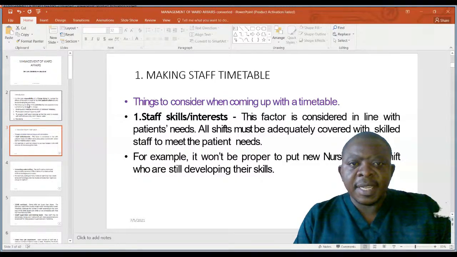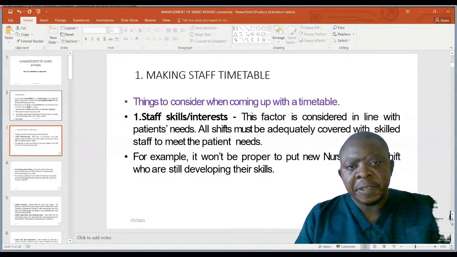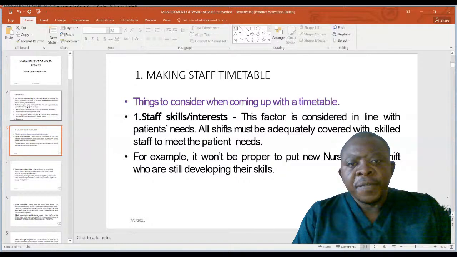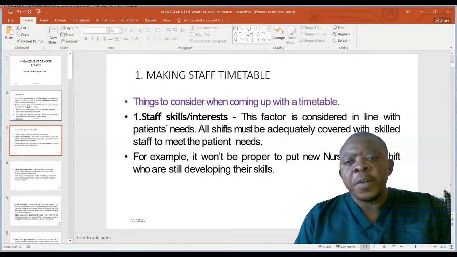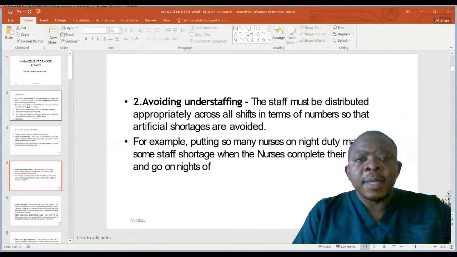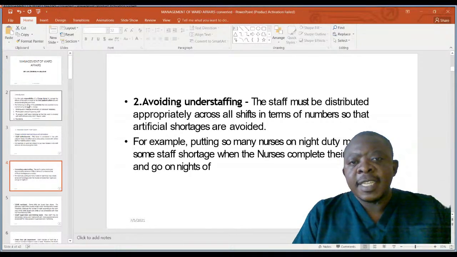All shifts must be adequately covered with skilled staff to meet the patient's needs. For example, it won't be proper to put new nurses in one shift who are still developing their skills. Number two factor to consider when coming up with a timetable is avoiding understaffing.